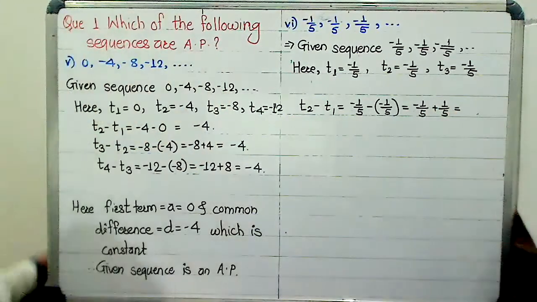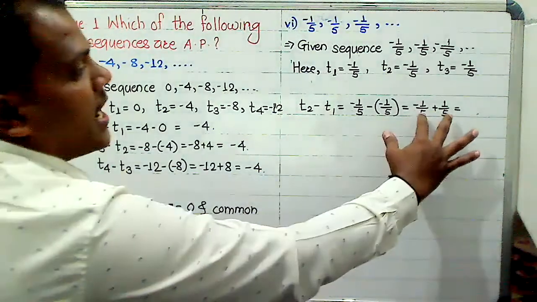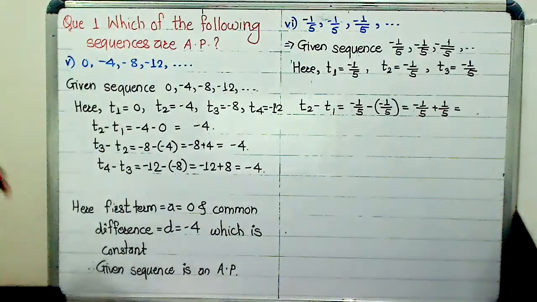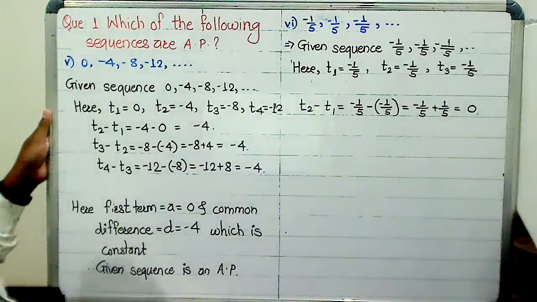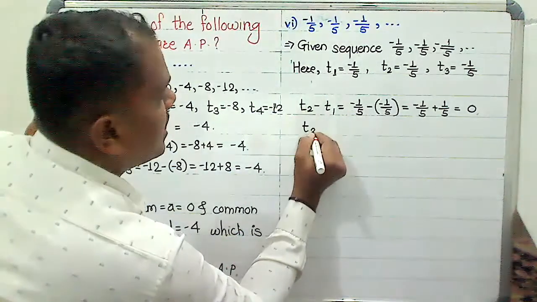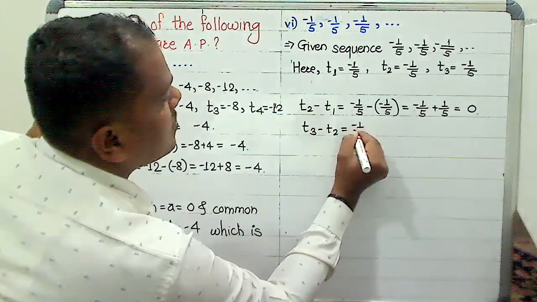We know that a number is subtracted from itself, or addition of two opposite numbers is always a 0. So minus 1 by 5 plus 1 by 5 is equals to 0. Then T3 minus T2 is equals to minus 1 by 5.